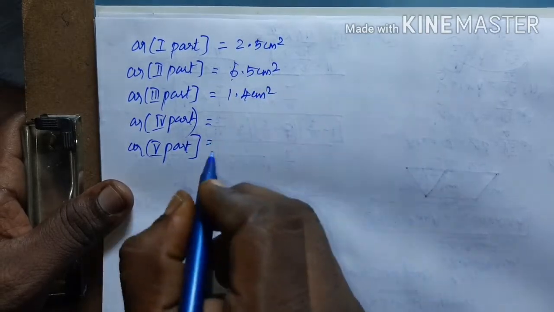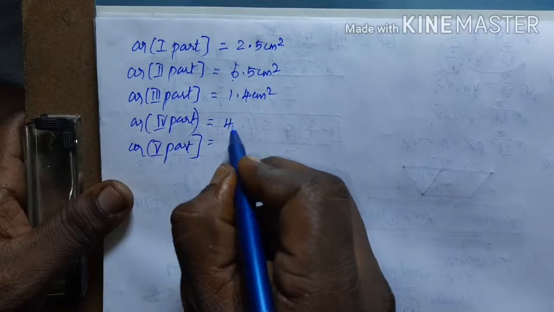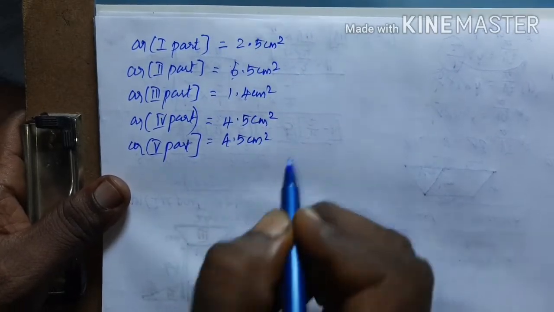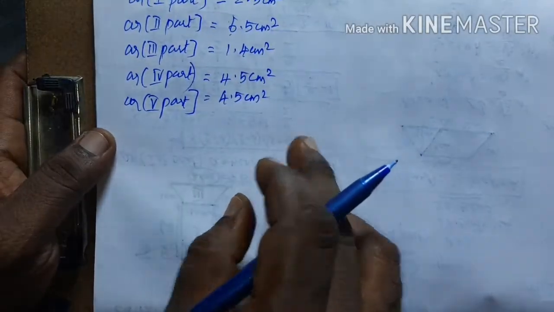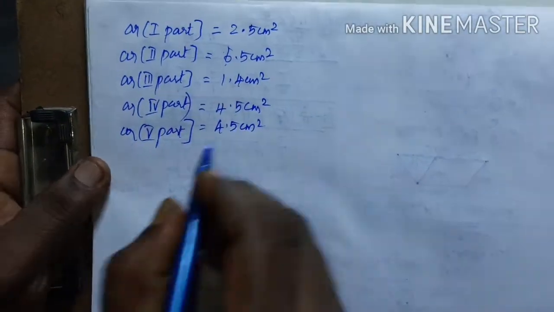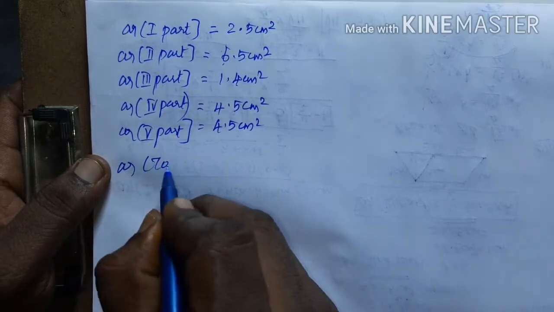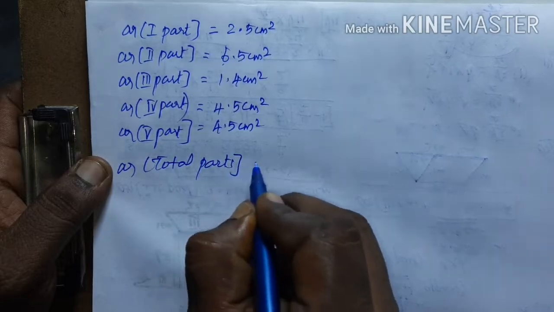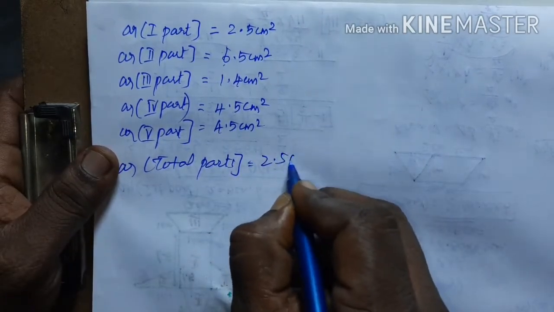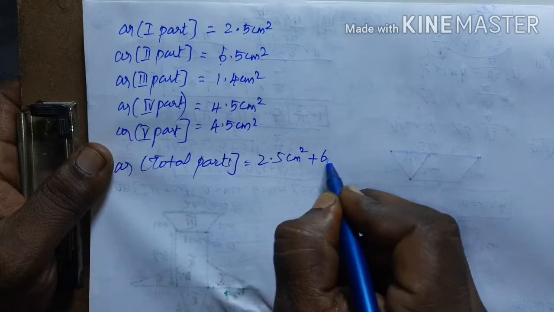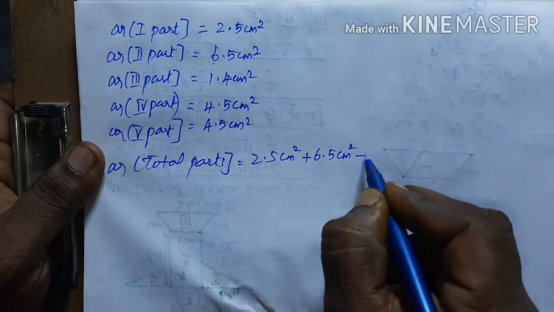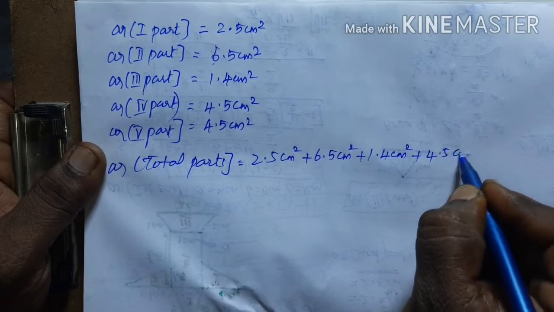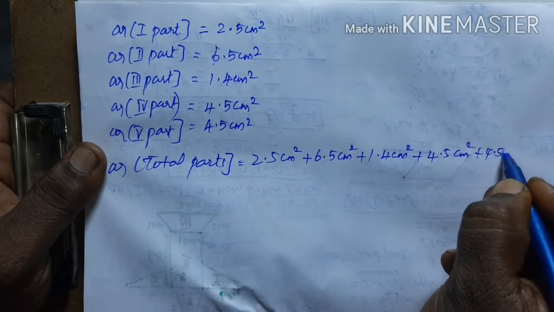centimeter square, and the areas of the fourth part and fifth part are similar, so 4.5 centimeter square and 4.5 centimeter square. So I'm going to add all the values and I will get the area of the aeroplane here. The area of the total parts is equal to 2.5 centimeter square plus 6.5 centimeter square plus 1.4 centimeter square plus 4.5 centimeter square plus 4.5 centimeter square.